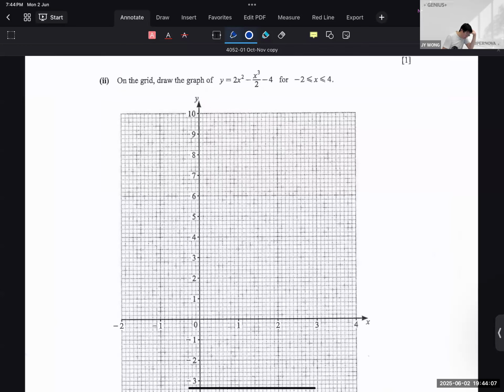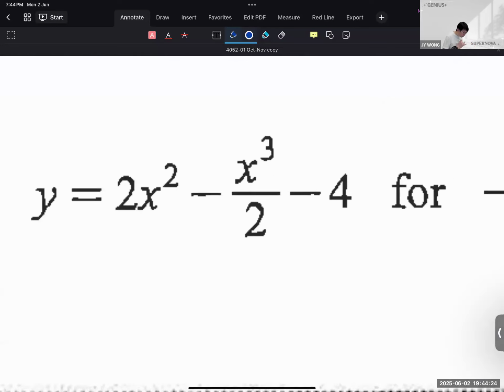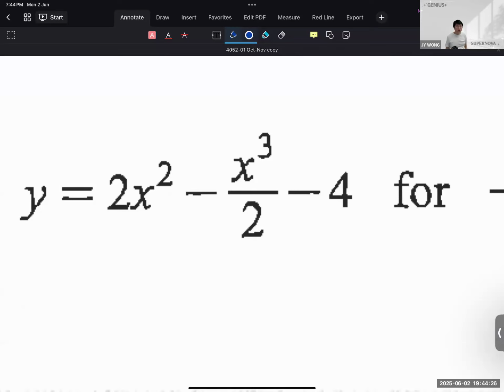What kind of graph is this? If I look directly at the equation, can you tell me what kind of graph this is? It is important to recognize the general shape. Jake, what's the general shape? From the general equation, can you tell me the general form of this graph?